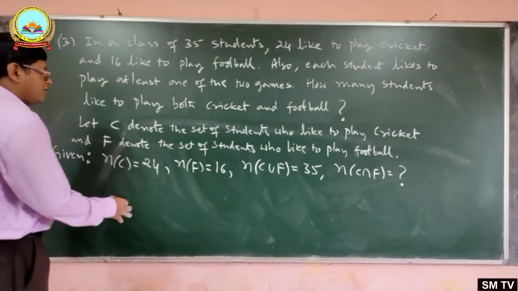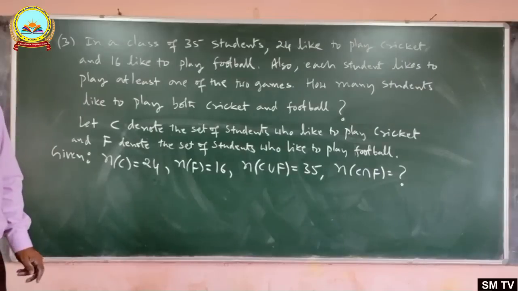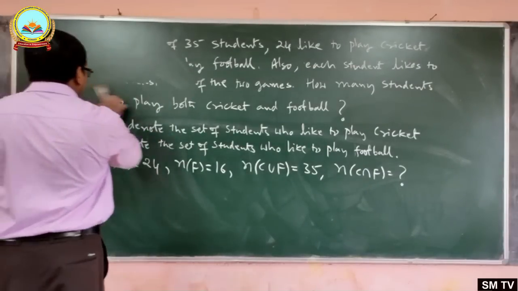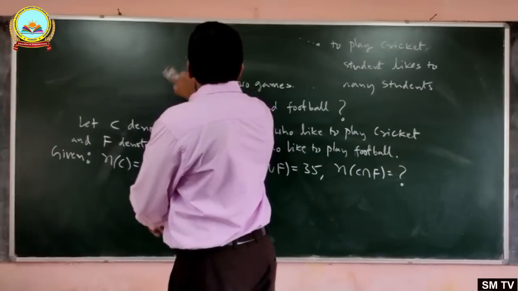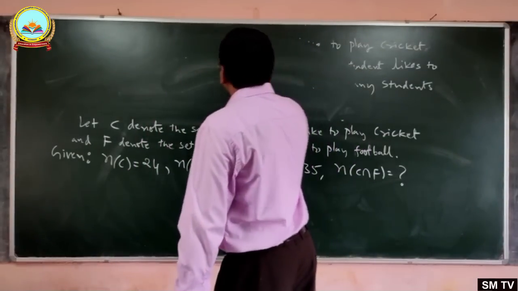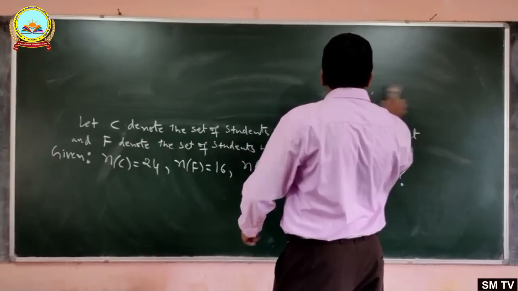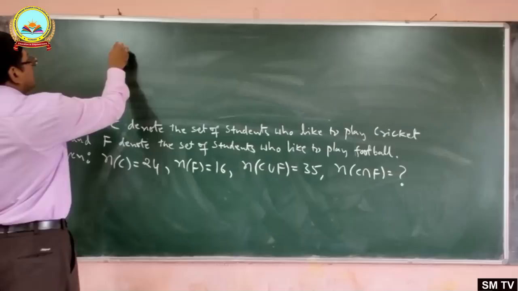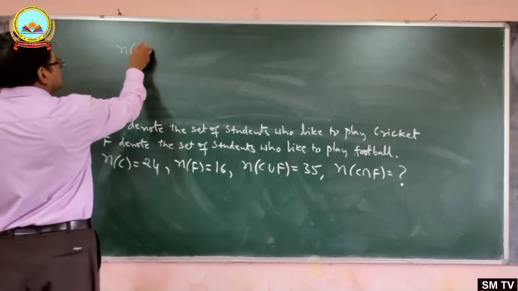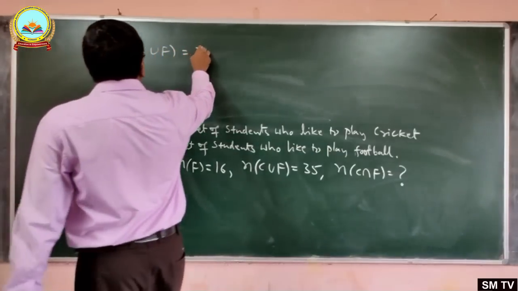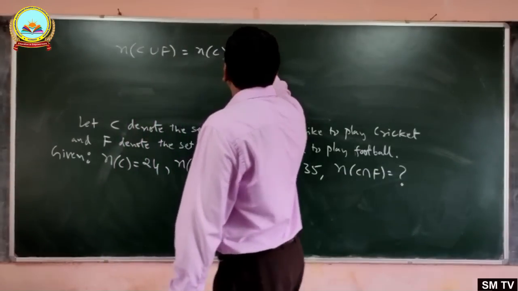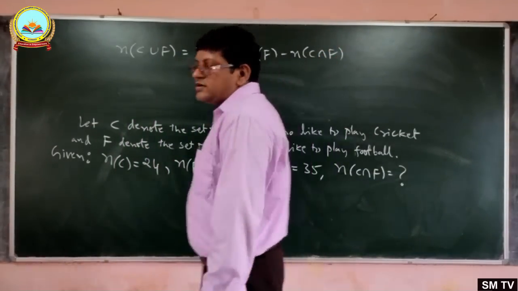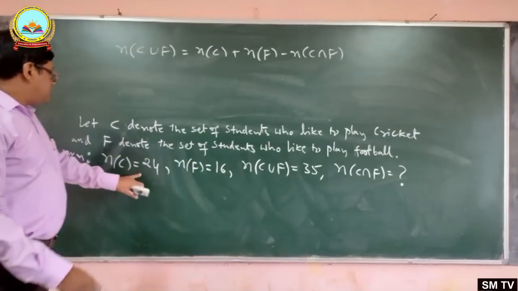So now write the result number 2. So result number 2, n of C union F is equal to n of C plus n of F minus n of C intersection F. Substitute the values.